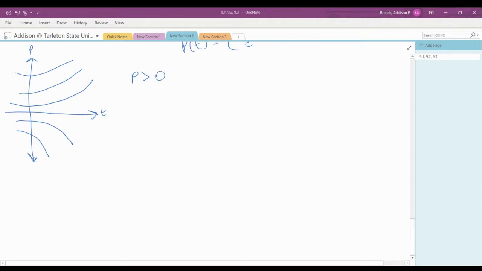And also, it wouldn't really make sense for us to be using a negative time. So we can also assume that time has to be greater than 0. Therefore, if we were just to graph this out, it would have to be something like this.